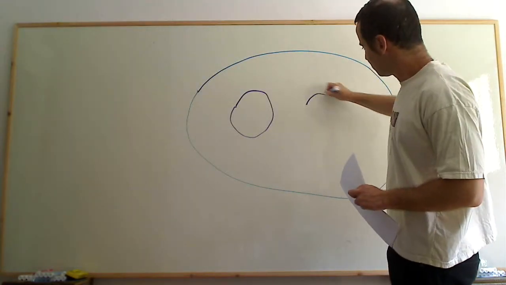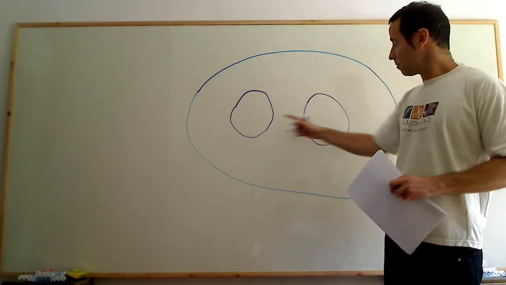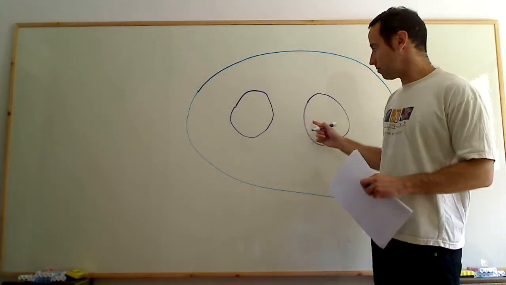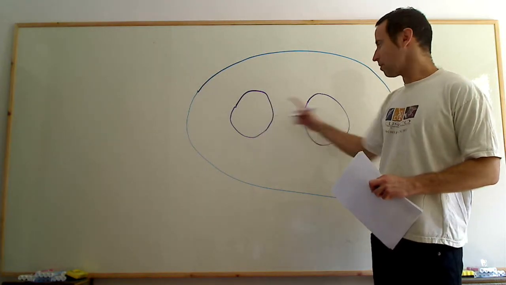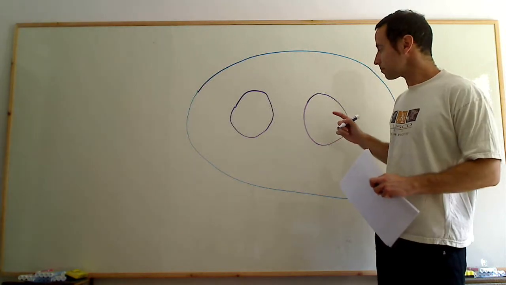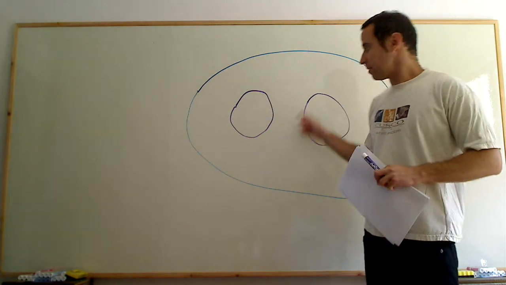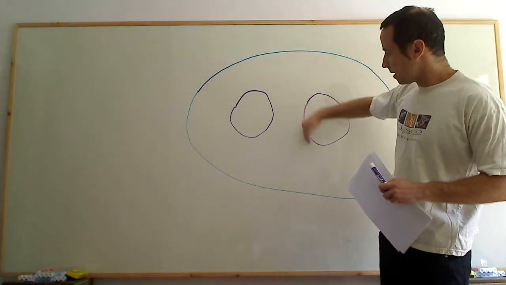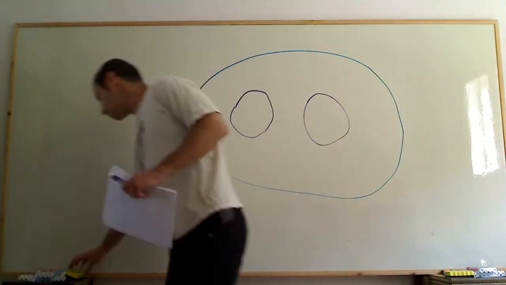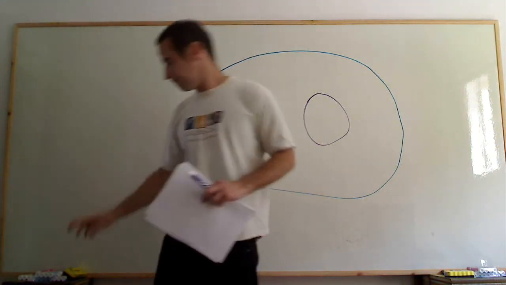So one option is to draw it without it cutting the other curve, okay? This is one closed curve, this is another closed curve, but they don't cut each other. Another possibility, if they do cut, if the line of this one cuts the line of the other one, it has to cut it in 2 places, okay?